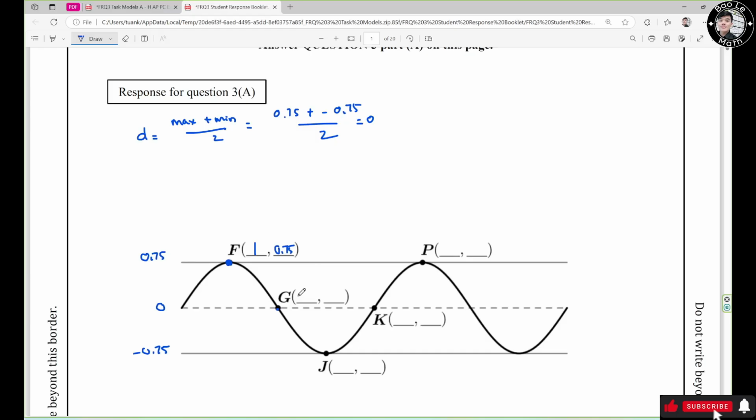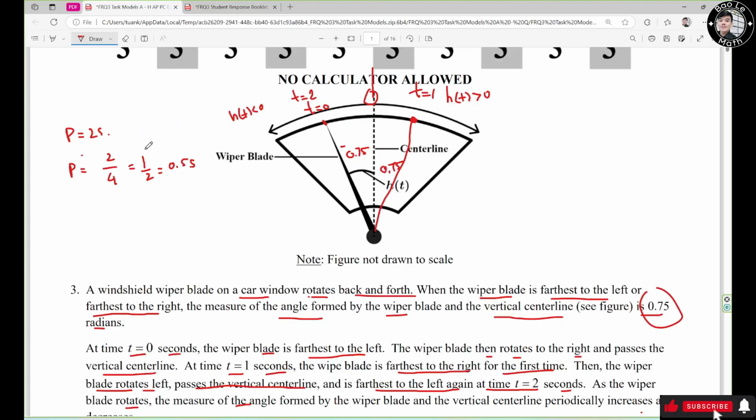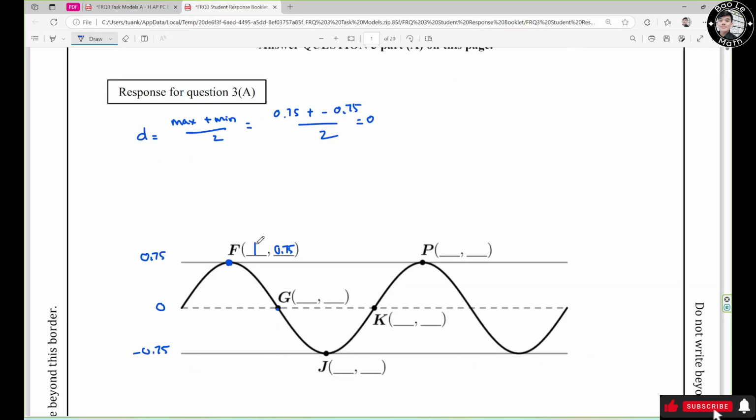So you need to add 0.5 each time. Look, each quarter is 0.5. So I have 1 right here, add 0.5, which means 1.5 here. Midline, which means 0. Next one, I'm going to add 0.5, I get 2 right here, and it's going to be negative 0.75. I copy this one over here.